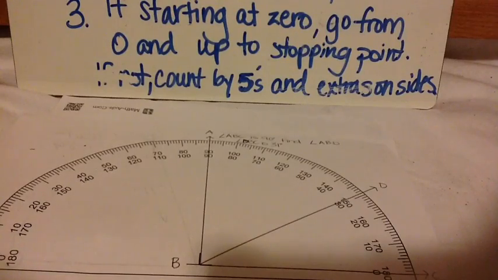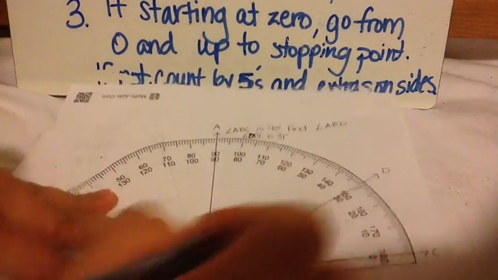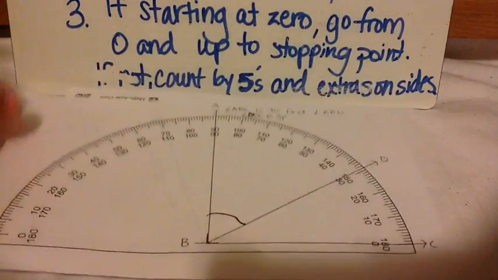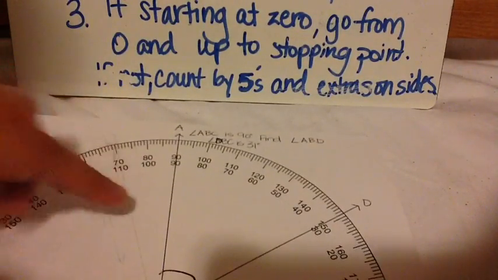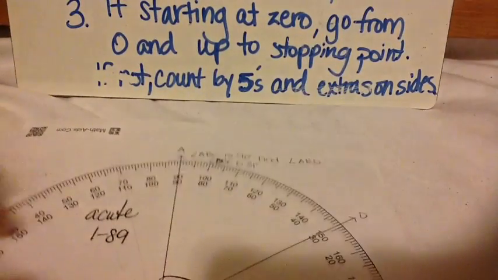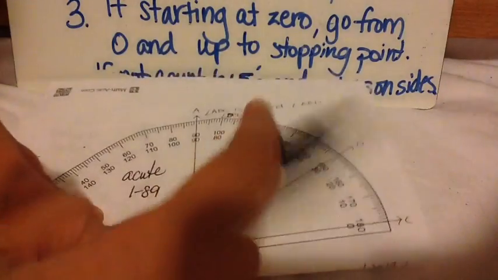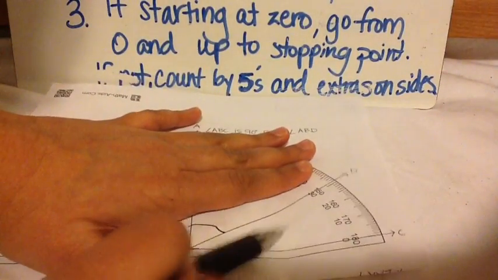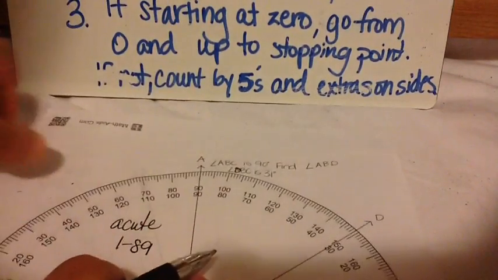Okay, looking at this, let's say we're told to find angle ABD. So you want to recognize this is acute. It's 1 through 89. Okay, we're looking at this right here, not the whole thing. So if they wanted us to find this angle, it would be easy because you start at 0, but they want us to find this one, so it's different.